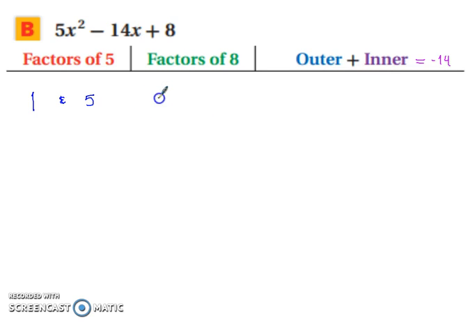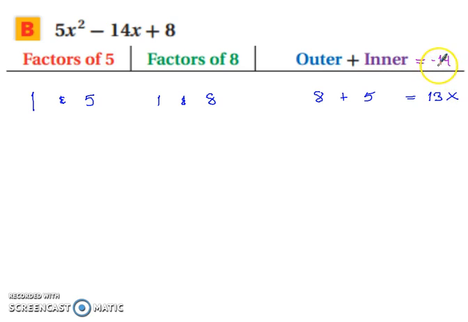So let's try 1 and 8. Okay, so if we do our outer, so 1 times 8, that gives us 8, plus our inner, so that's our 5 times 1 here, that's going to give us 5, and 8 plus 5 is 13. That's not negative 14. It's not even negative at all.